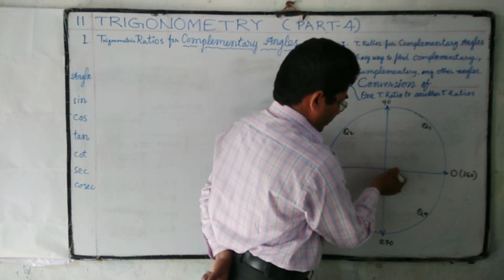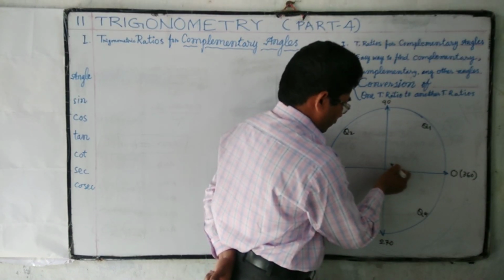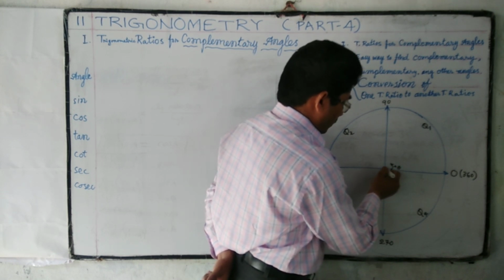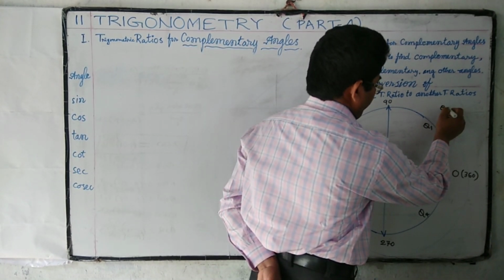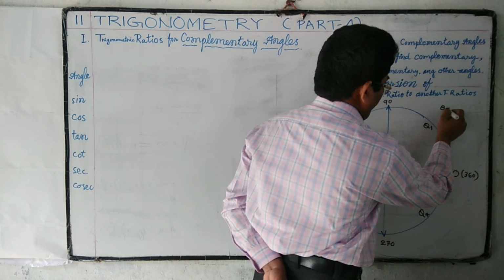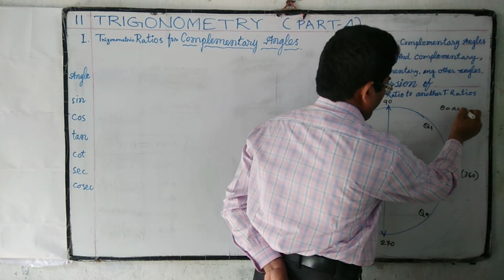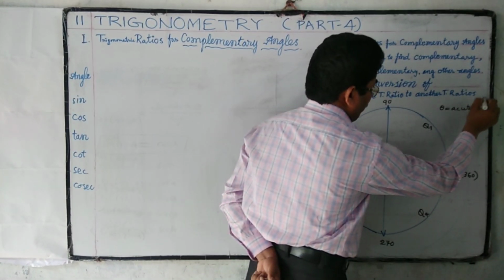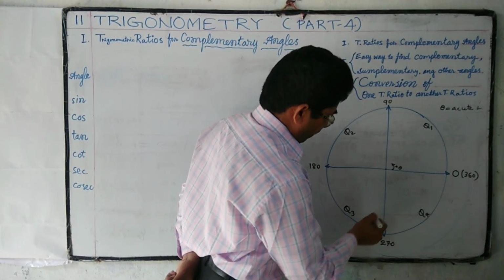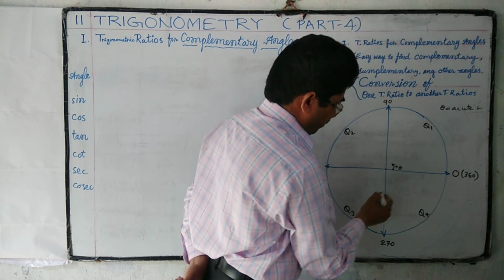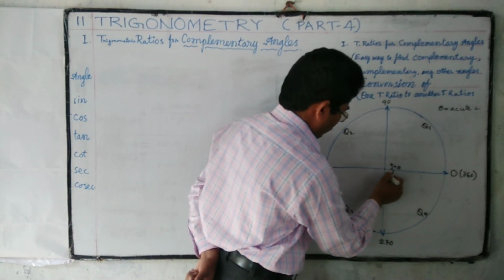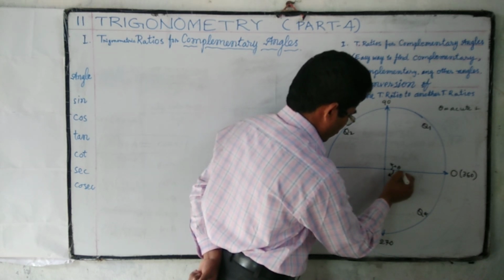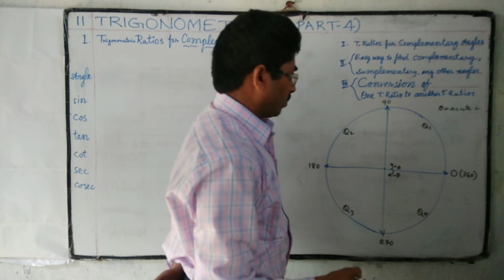This is the positive side, plus theta. Here theta is an acute angle. This is the positive side. This is the negative side, negative rotation.